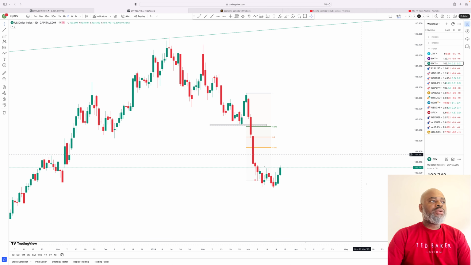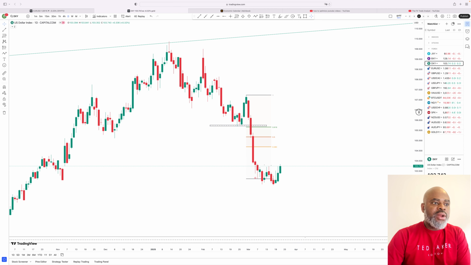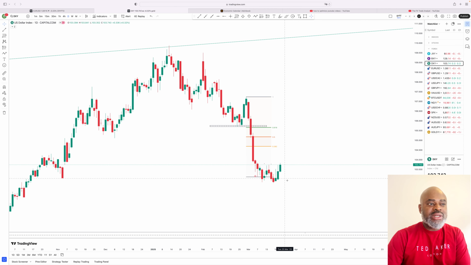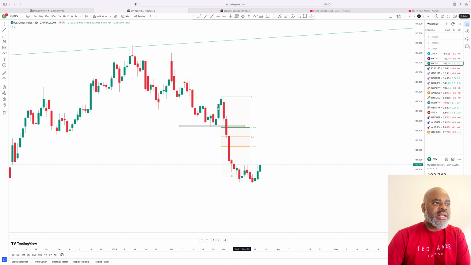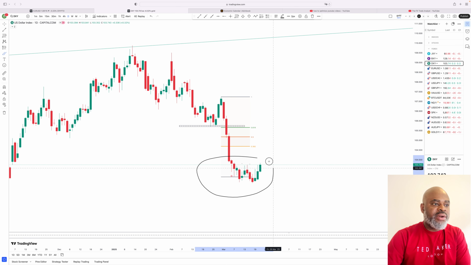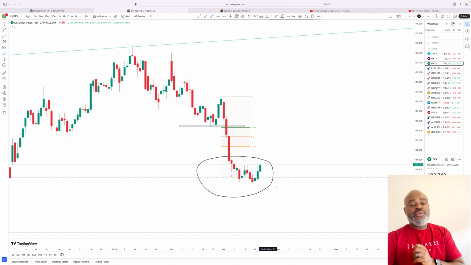Okay, looking at the dollar index, like I said, it looks like it's going to now make its retracement back to the upside. Remember, in the previous weeks we've looked at this chart, and we've clearly seen that it had been ranging in this area, right? It's just been staying here for some time.